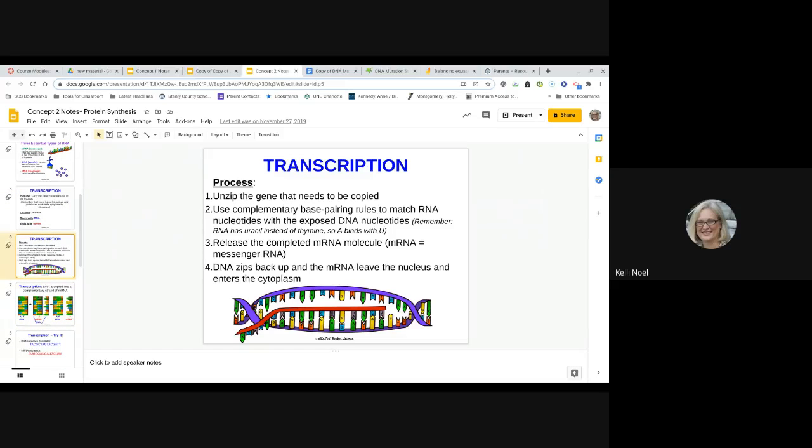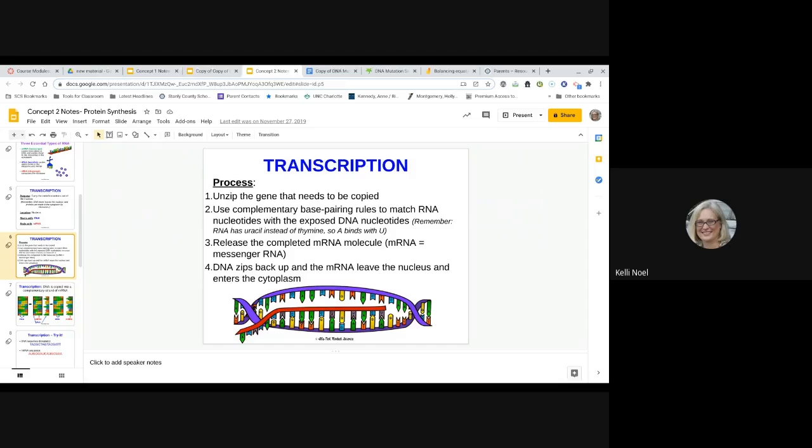All right, so here is the process of what's happening. Number one, wherever the gene is located on the DNA that needs to be copied, that piece of the DNA needs to be unzipped. So number one is unzipped. Number two, you're going to use complementary base pairing rules to match RNA.